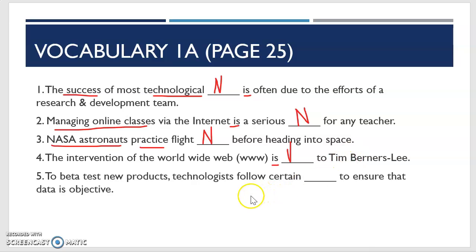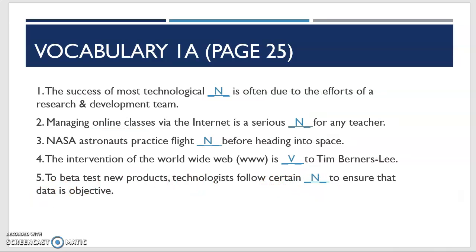And then number 5, to beta test new products, technologists follow certain, I'm going to need a noun here, right? They follow certain something, and hopefully you can guess.